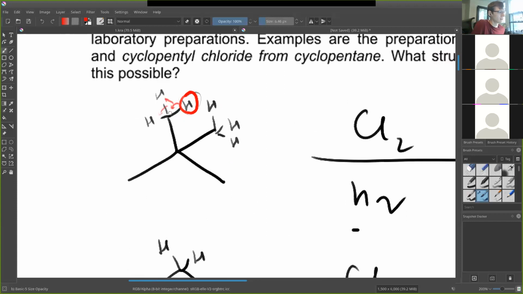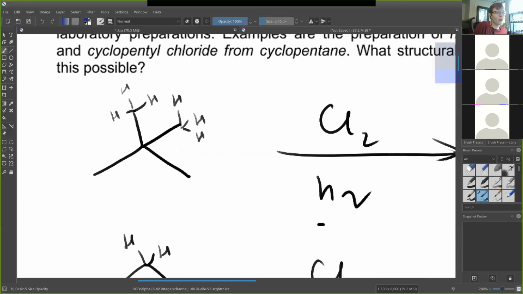That's about as far as you really get. If I was this hydrogen, would I be able to tell the difference between being this one or this one? No. As far as they're concerned, all they can see is the same thing. To put it another way, you could twist this whole molecule, and wherever you put the chlorine, you could always twist it so that you get the same thing as however I drew it.